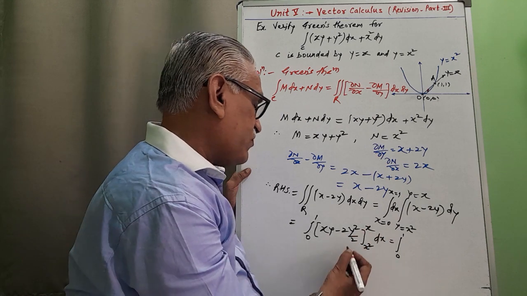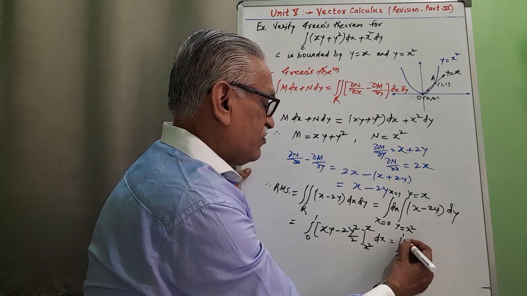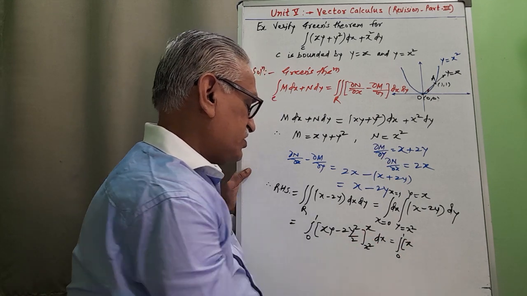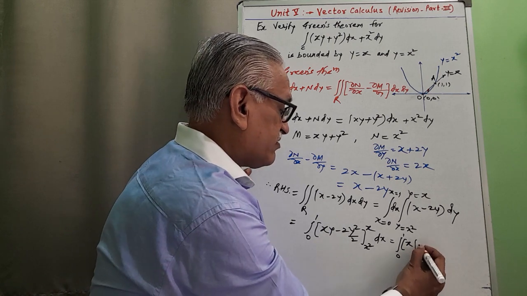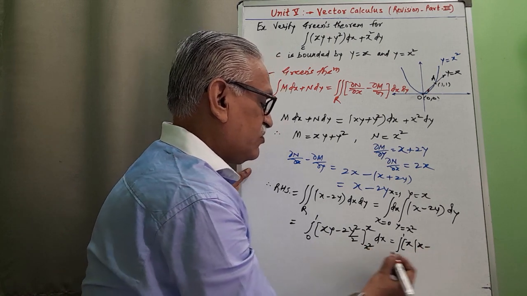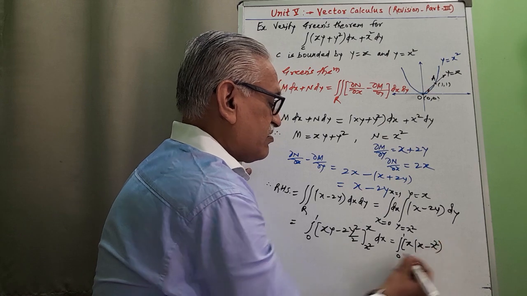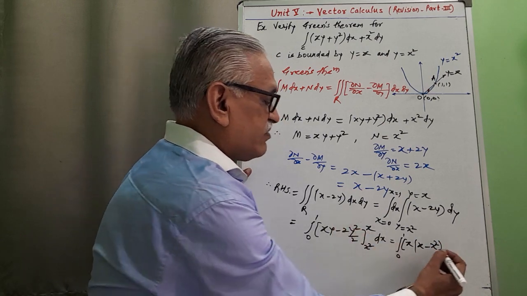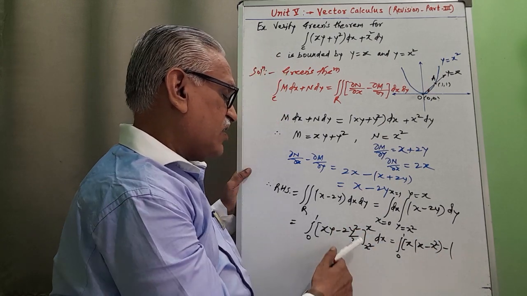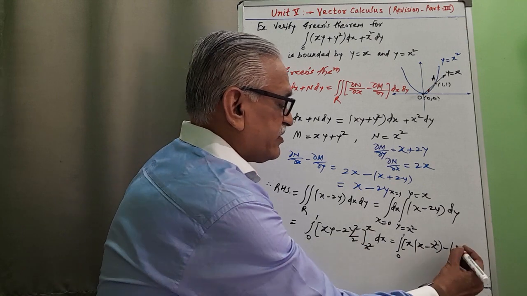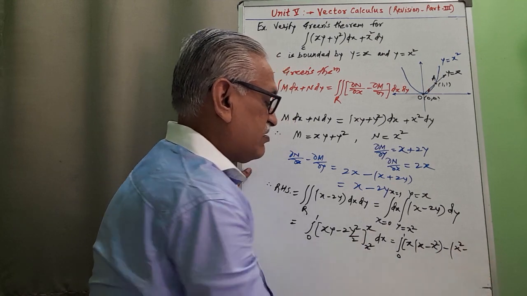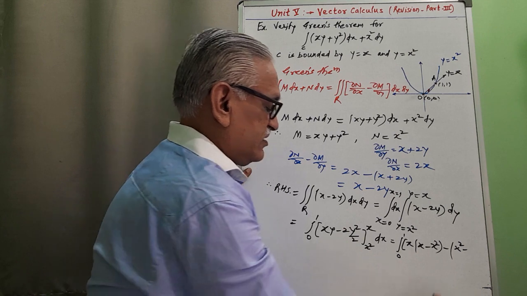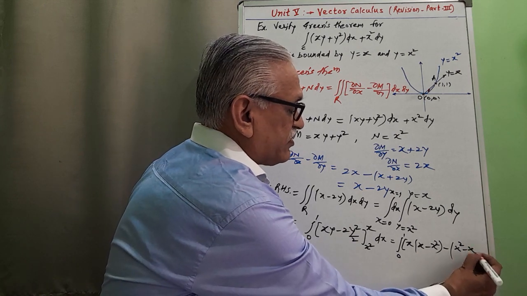Substitute upper and lower limit for y: outer term x as it is, y is x minus lower limit x square, the 2 get cancelled, minus y square, upper limit square, that is x square, minus lower limit x square and its square, that becomes x raised to 4.